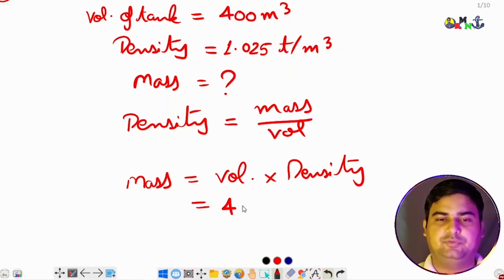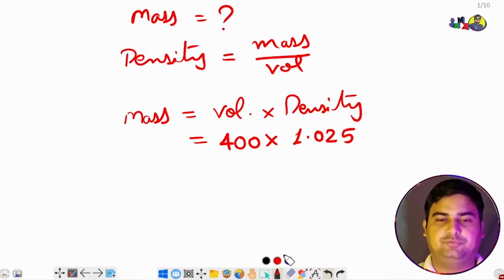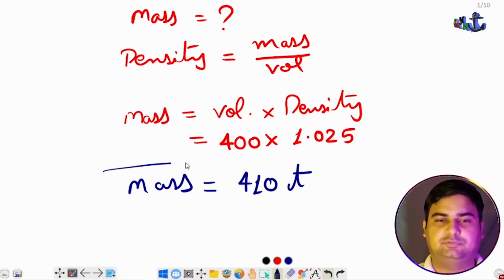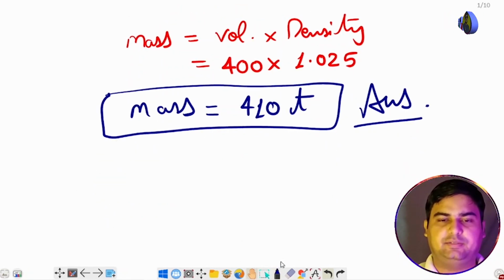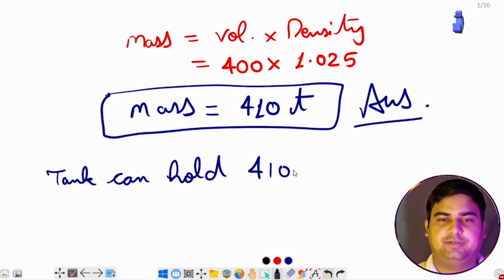So that will be 400 into 1.025. It will give you 410. So this is mass. This is the answer. And we can write the statement at last that the tank can hold 410 tons of seawater.